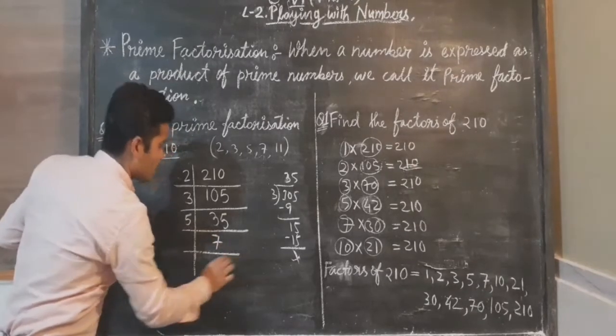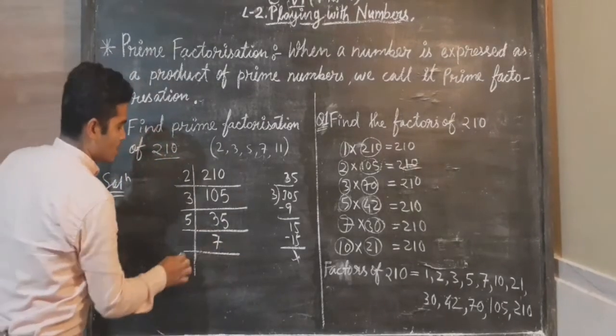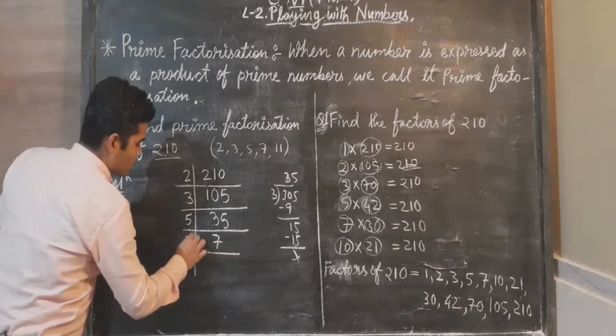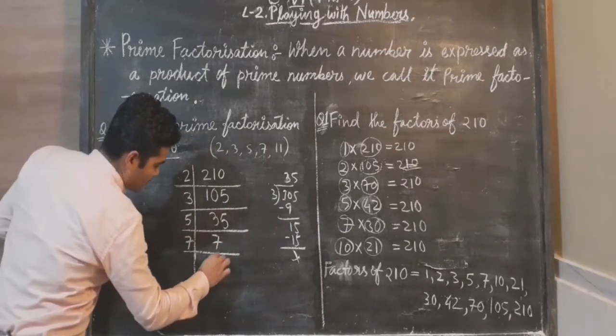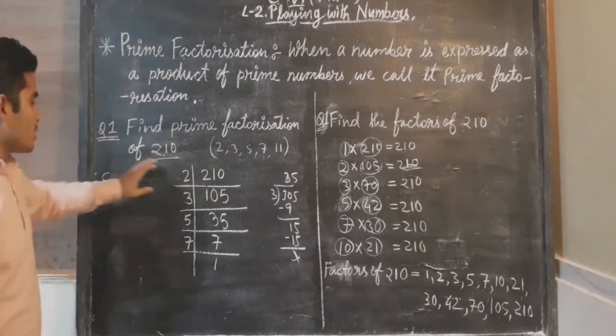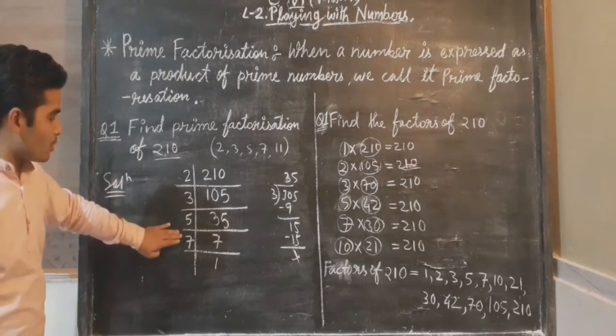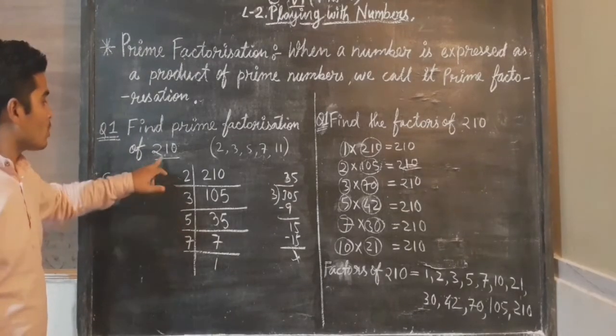Now at last, what we got? We get the last prime factors of this number. So you can see these are the prime factors for 210.